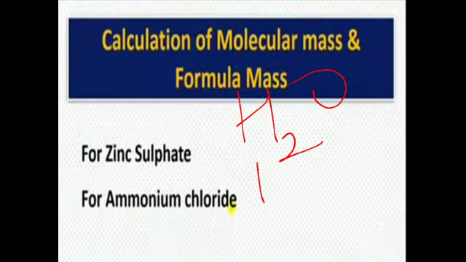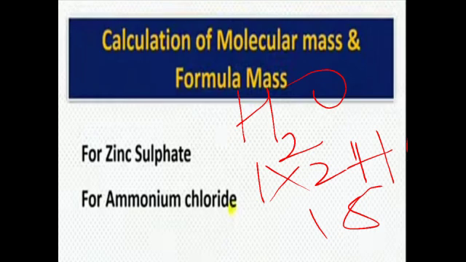Here it is 2, so 1 into 2, plus, it is the sum of all the atomic masses, plus oxygen is 16. The atomic mass of oxygen is 16. So 2 into 1 will be 2, 2 plus 16 will be 18. So the relative molecular mass of water is 18. I hope you are clear.